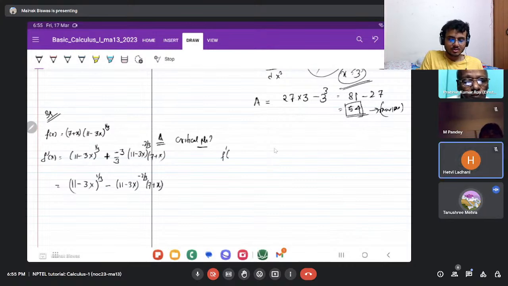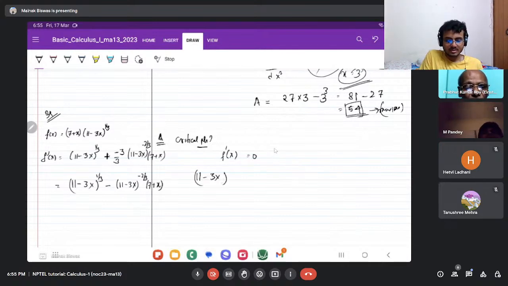Yes, sir. So for critical points, we will set it to 0, right? We can take some common things out: (11 minus 3x) to the power 1 by 3, and we have minus (7 plus x), over (11 minus 3x) to the power 2 by 3, is 0.